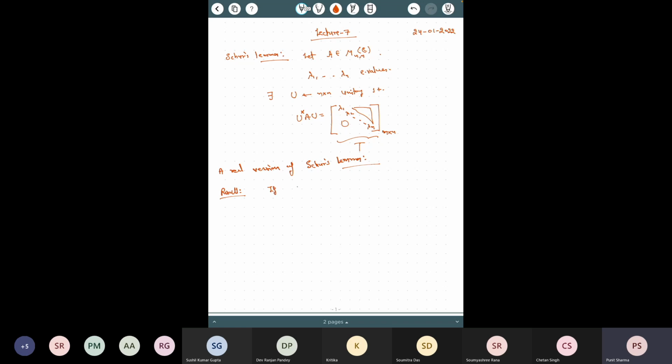So it says that, suppose we have, so I will write a parallel statement. You can see the difference between these two. Suppose A is a real matrix of size n cross n, then there exists a real orthogonal matrix. You remember what is real orthogonal?